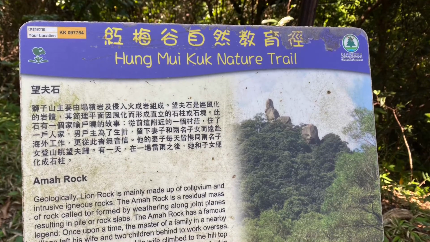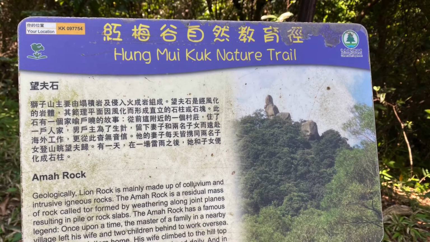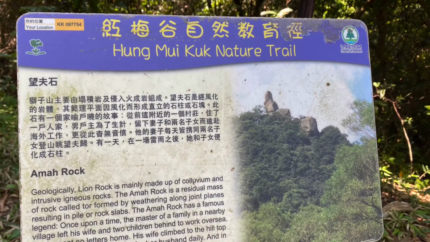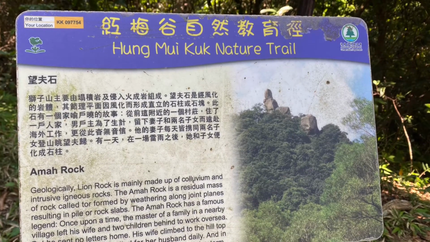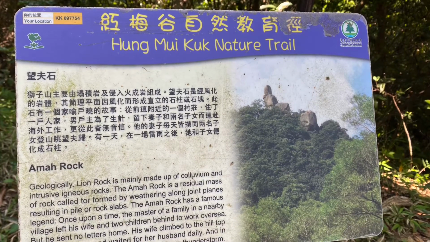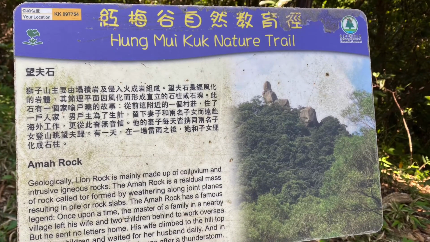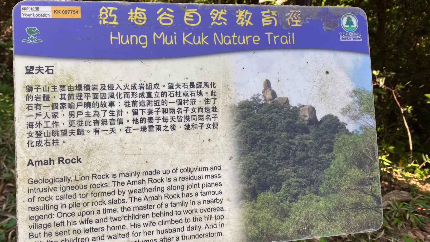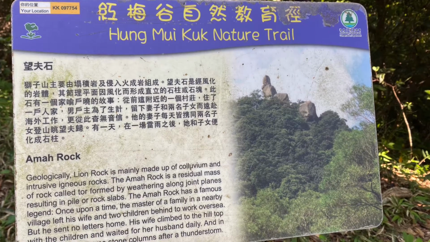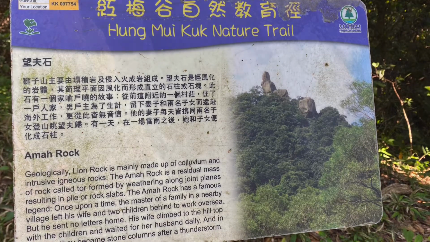But you can see the joints inside the granite being weathered, and after the weathering, the erosion takes place and brings the regolith or weathered material away along with the winds and the water. Finally the remaining rock, which we call a tor, forms the Amah rock like pattern.